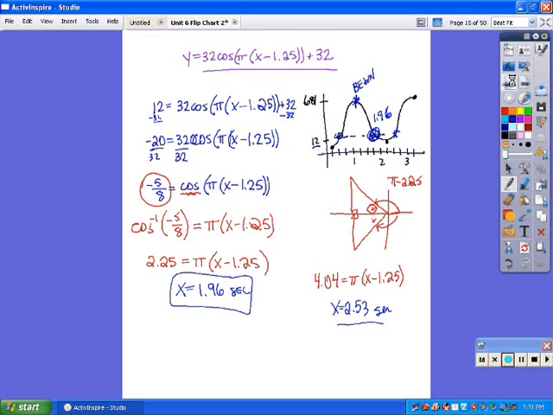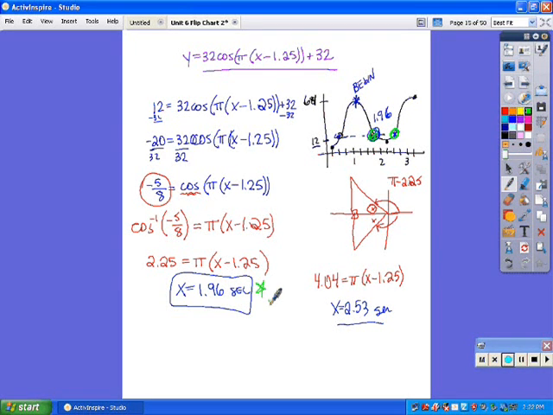Alright, it is asking for the very first two times, not the first two times after. I found the first two times after. This one's in check. That's the one I want to keep.